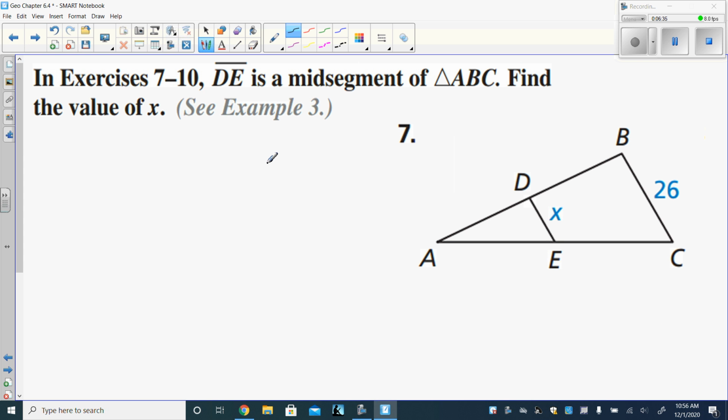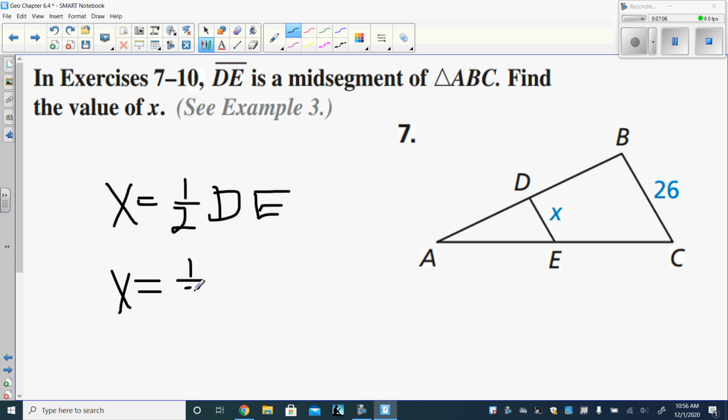Now we want to use the mid-segment property to find the value of x. DE is a mid-segment of ABC. Find the value of x. Well, the mid-segment is equal to half the bigger length. So x is equal to half of DE.